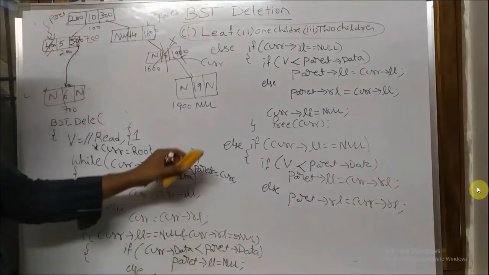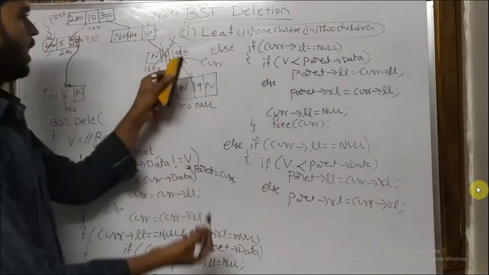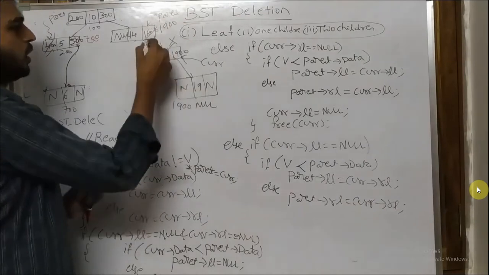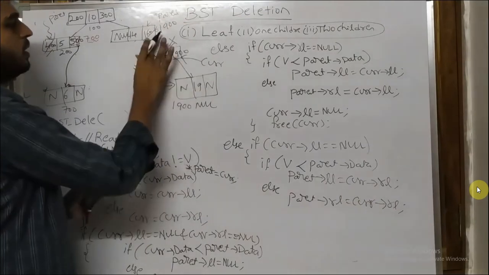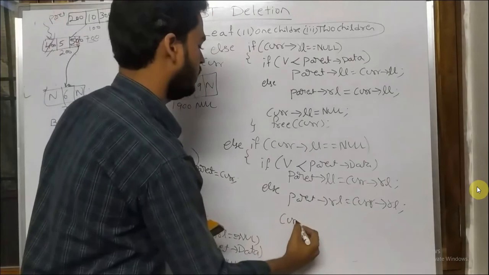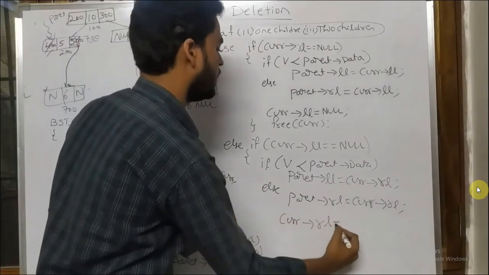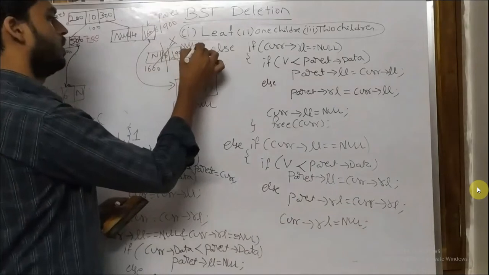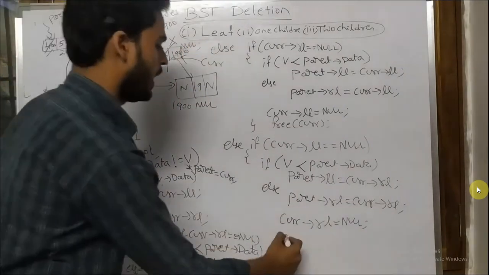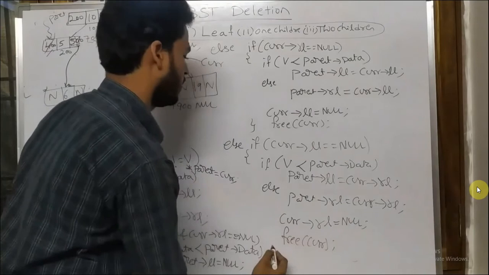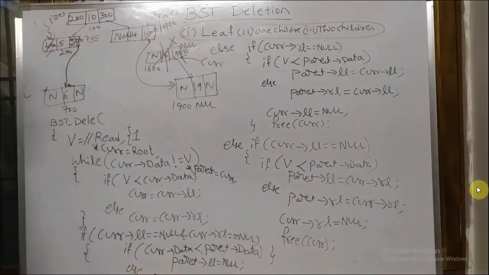After making the copy here, 1900 copied here, it will be connected like this. This link is already active, so I need to make it null here. So current's right link equal to null. When I make it null, I need to free current. Okay.